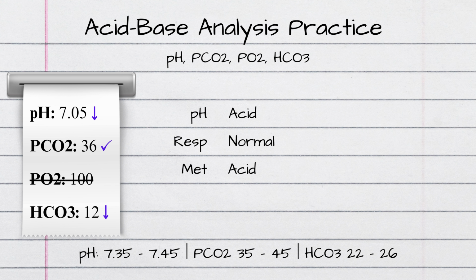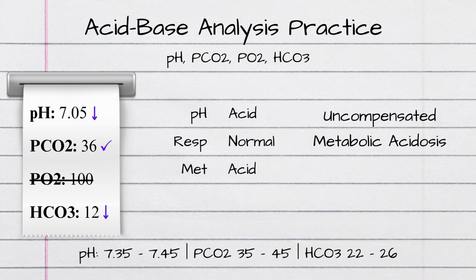So we interpret this as a metabolic acidosis. We know compensation happens with the opposite system, so going back to the PCO2, we see it is normal. Because the lungs don't seem like they're trying to make things more alkalotic, this is uncompensated. We have an uncompensated metabolic acidosis.